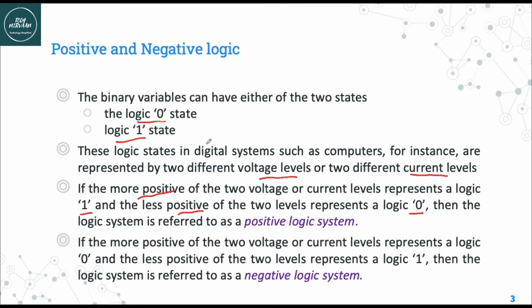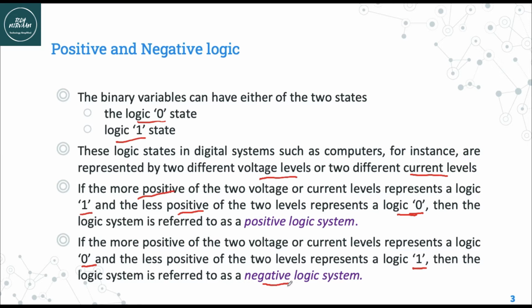In a positive logic system, the more positive of two voltage or current levels represents 1 and the less positive represents logic 0. Reverse of that, if the more positive of the two voltage or current levels represents a logic 0, then the less positive of the two levels represents a logic 1, and such a logic system is called a negative logic system.